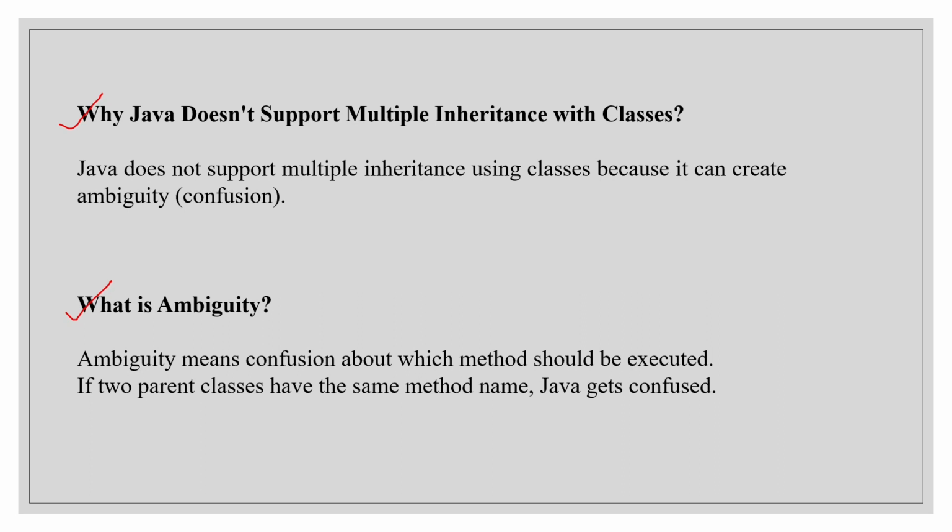Since both methods have the same name and the child receives both of them, Java cannot decide which one to use. This is the confusion, and it is called the ambiguity problem. Because of this problem, Java does not support multiple inheritance using classes directly, and that's why in Java one class cannot extend multiple classes at the same time.